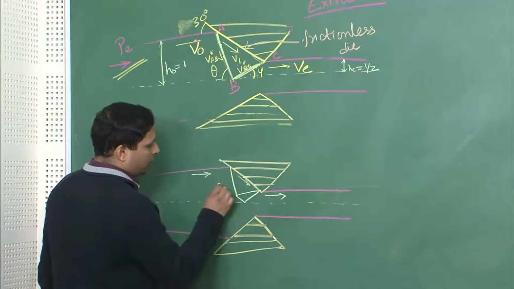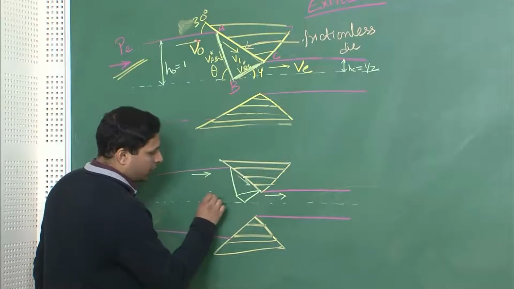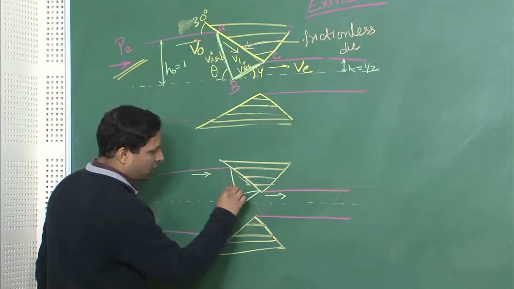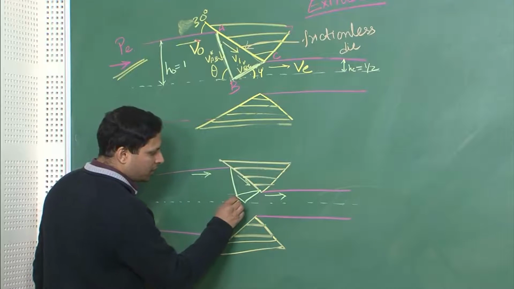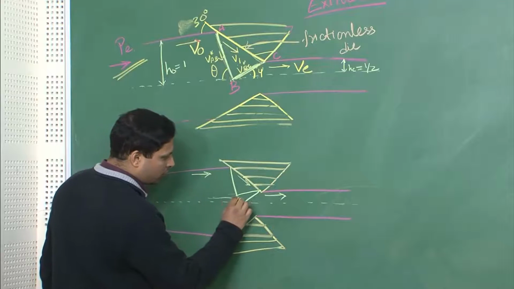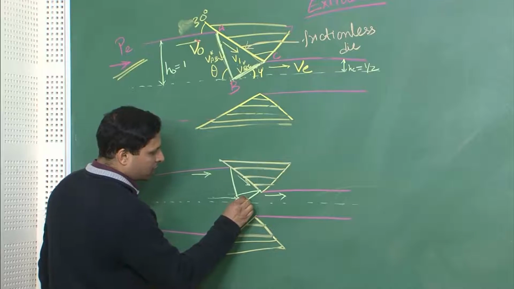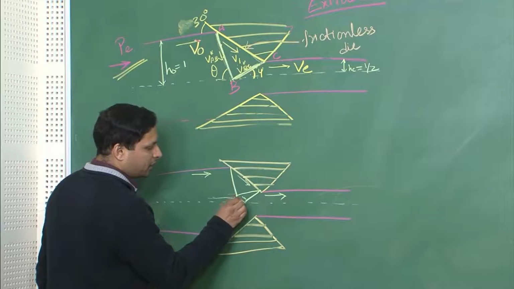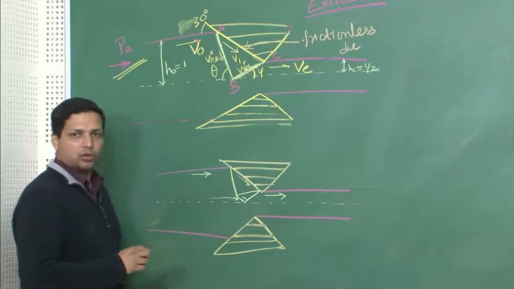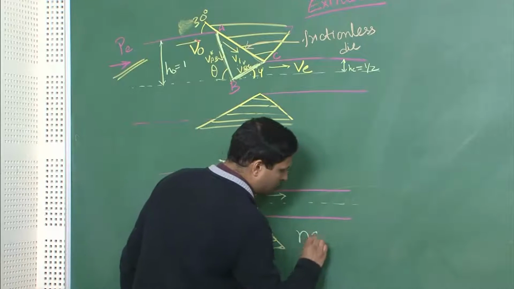This means that the material flowing up to this point gets a shearing velocity like this, but the material below this point, when it is moving through this, the initial is like this, the final is like this, but the shearing velocity at this point is different from here. So, this is called non-uniform shear.